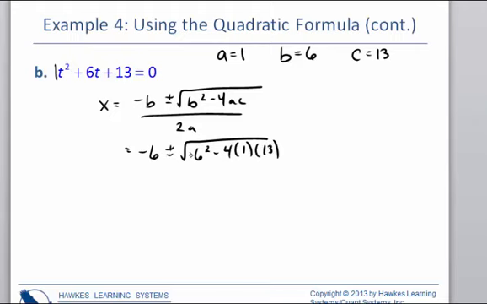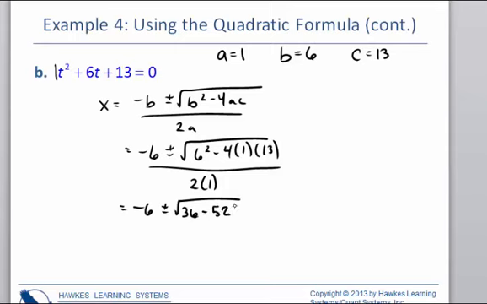So 1 times 13 over 2 times a, so 2 times 1. Simplifying underneath the square root, 6 squared is 36. 4 times 13 is 52. And 2 times 1 on the bottom is 2. So we have negative 6 plus or minus the square root of negative 16 over 2.